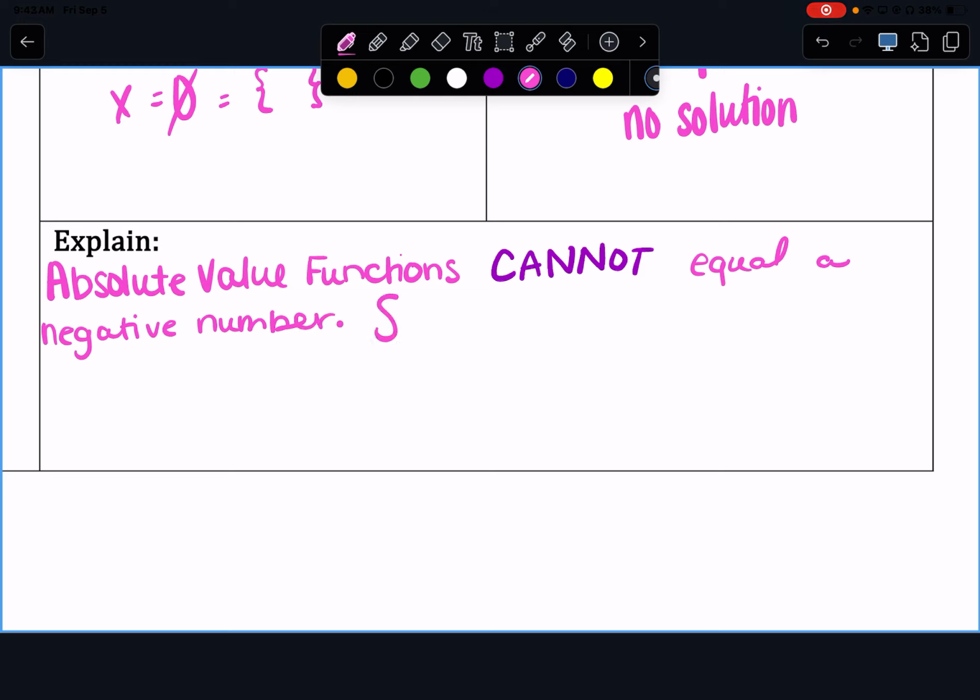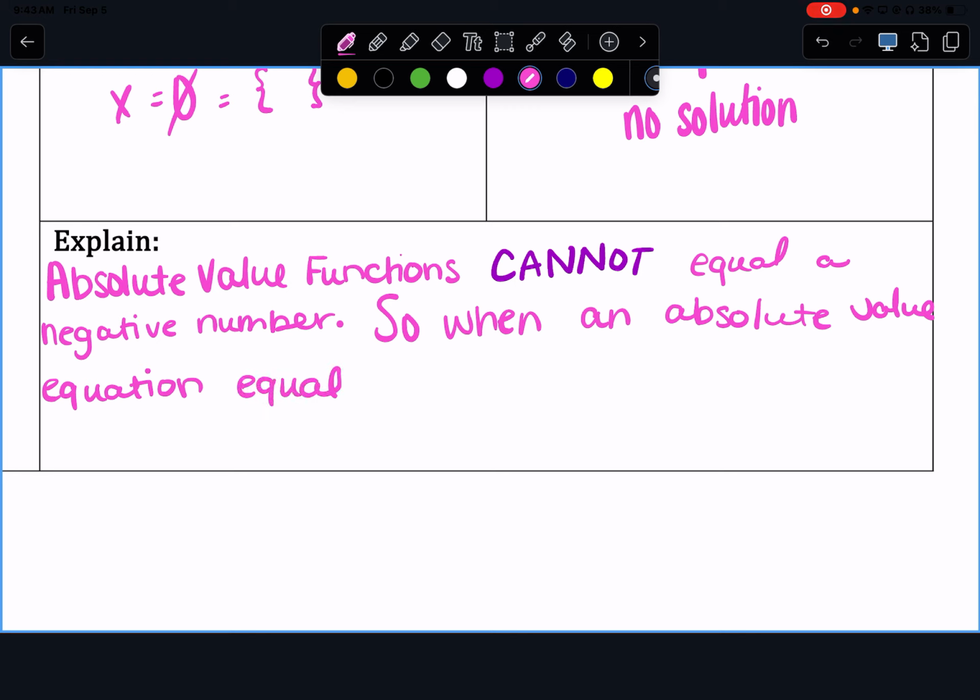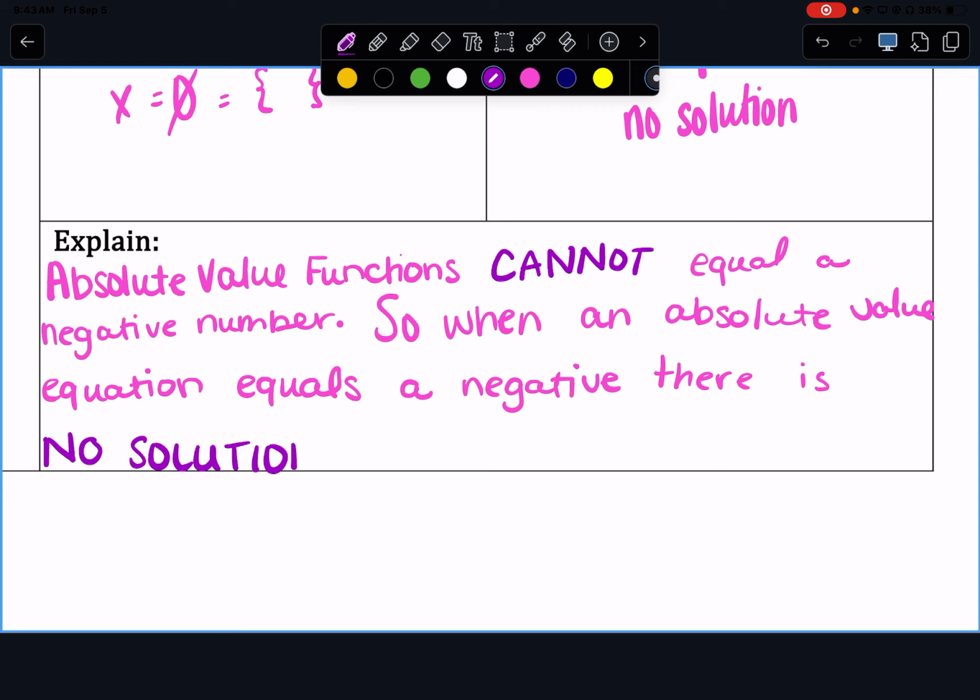So when an absolute value equation equals a negative, there is no solution. Any questions about that? All right.